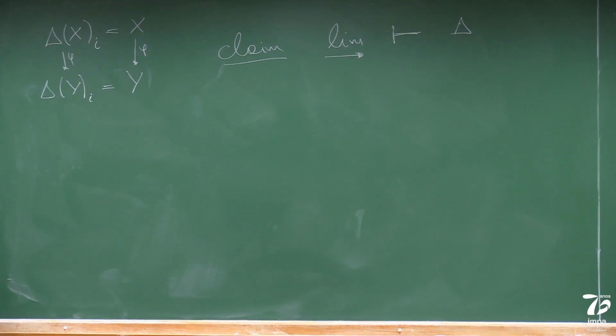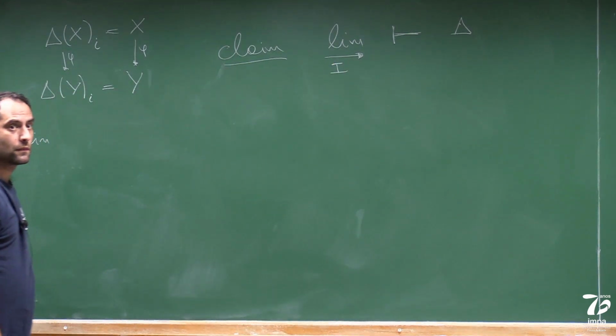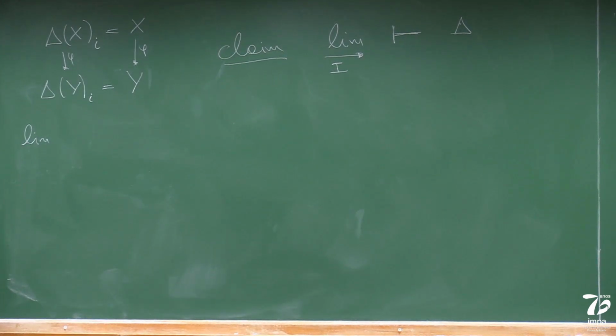So first of all, is that colimit, again, I'm fixing I. I can take several functors, but the category I is fixed. So first of all, this guy is a functor. It's indeed a functor.